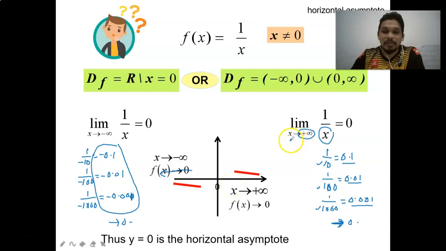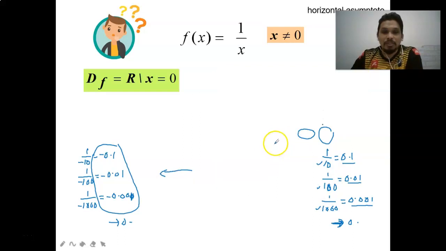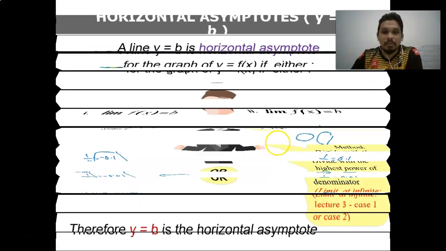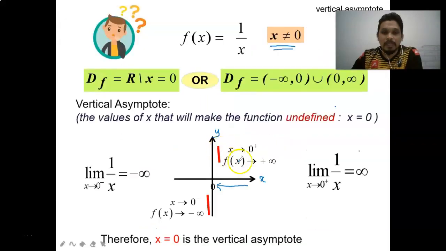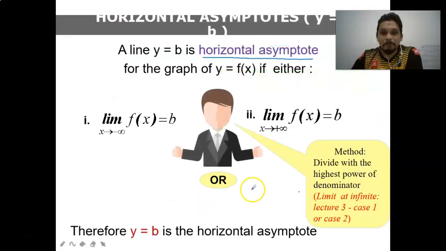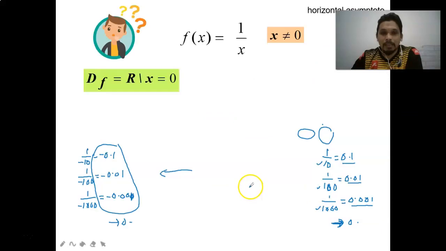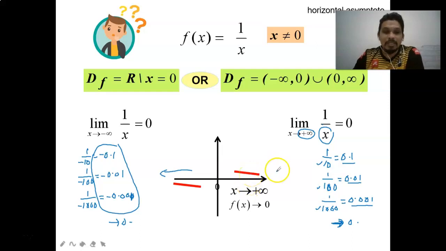So let's see now. When we combine the explanation of this with the horizontal asymptote, let's combine both together with the horizontal and also vertical asymptote cases.